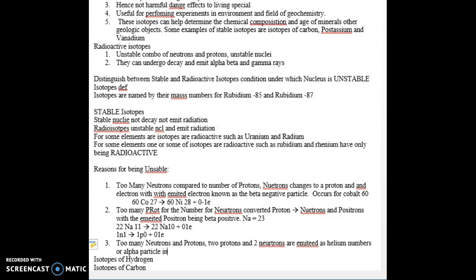This is going to be in cases such as radon 222, atomic number 86, which would give helium 4 and 2, and then the number over here would be 218.